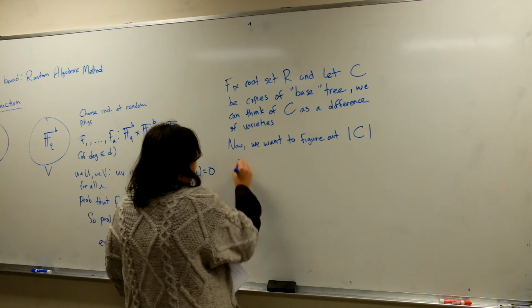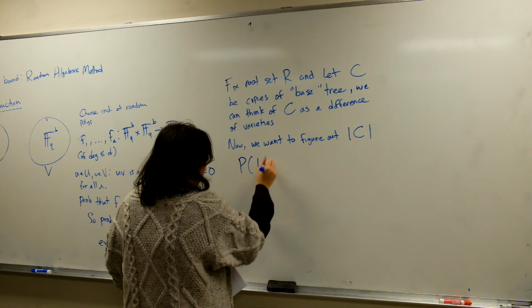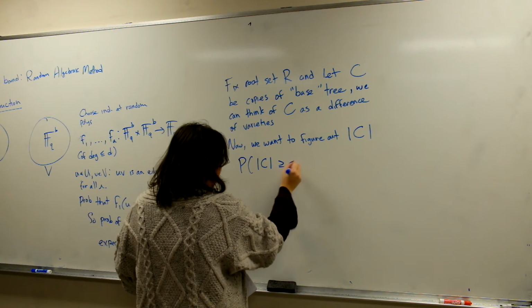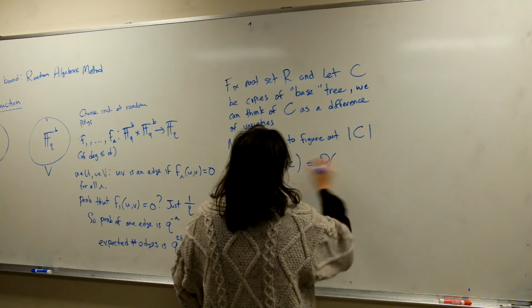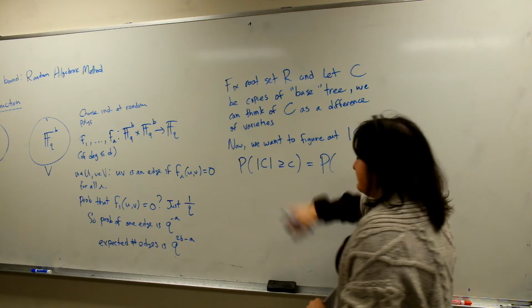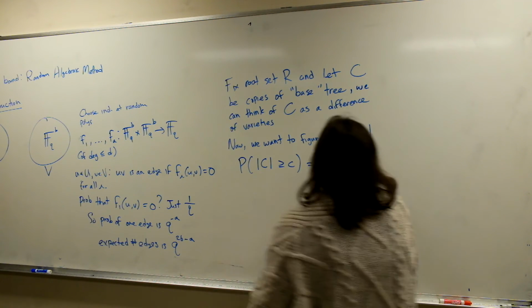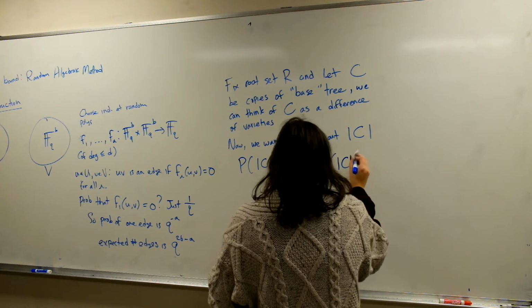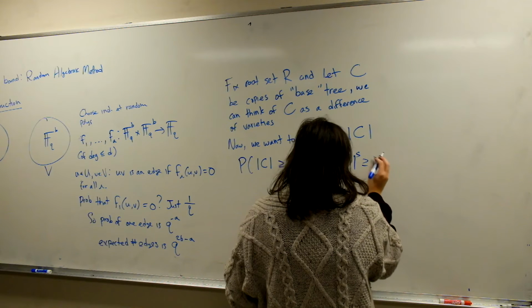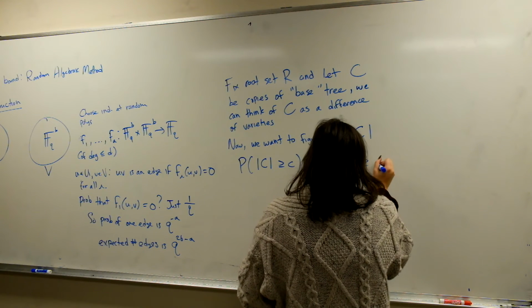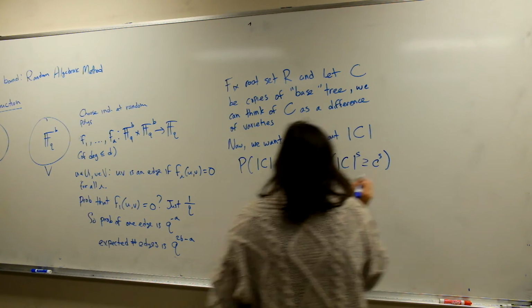Well, one thing that we could do is, for the technical part of the theorem, not look at this, but a higher moment estimation. So the probability that the size of C is bigger than some constant, little c, is the probability that the size of C raised to the s is bigger than or equal to little c to the s.